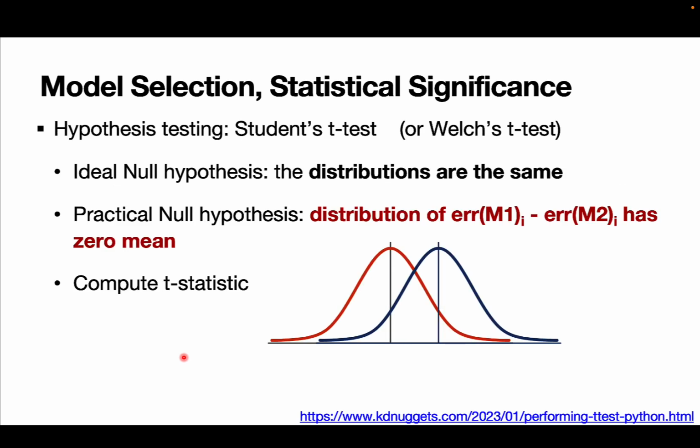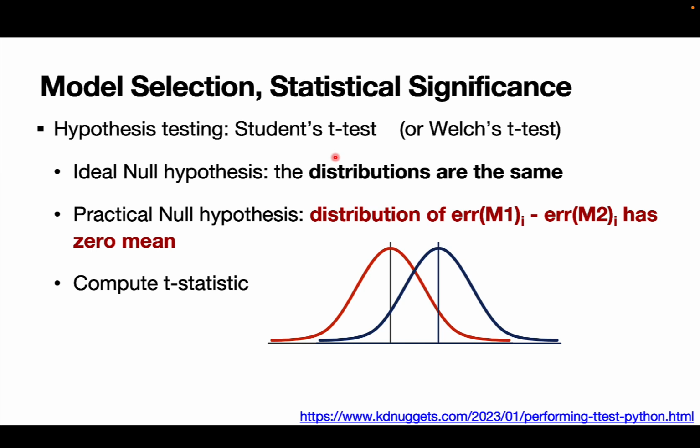To compare two models, we are going to use the t distribution, which is somewhat similar to the normal distribution, but it has a heavier tail, which makes it more suitable for small sample sizes or datasets with outliers. To perform hypothesis testing using the student t-test, we define the null hypothesis in a way that states that the distributions are the same.